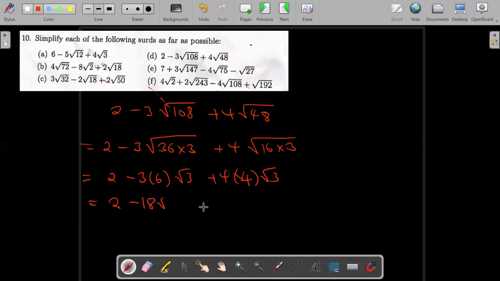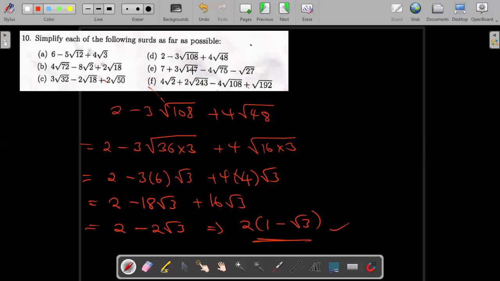Then root 3 here. Then you have plus 16 root 3. Then when I add these two, just gives me negative 2. Then I get 2 minus 2 root 3, which then also can be written as 2 times 1 minus root 3, like this. And here you conclude that you've simplified that.